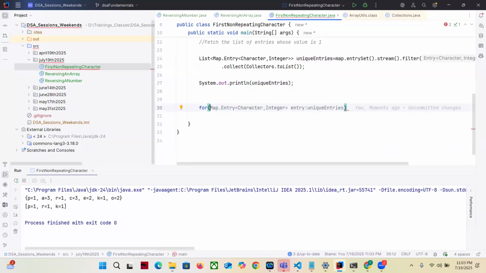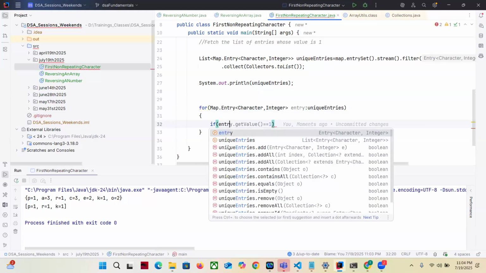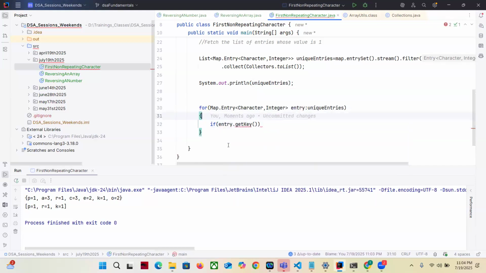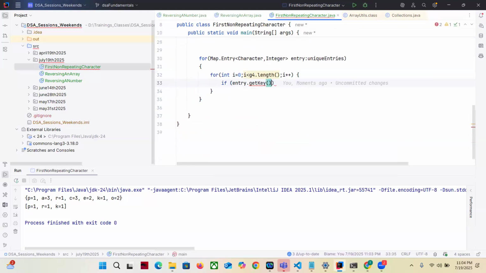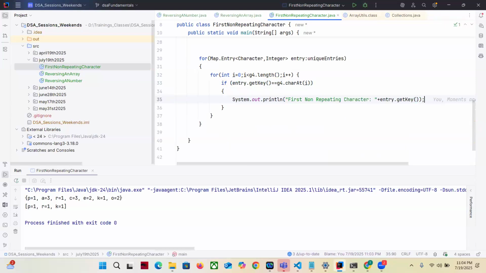Now we will do the comparison. If entry dot get key is my original string character, then the first non-repeating character is entry dot get key.